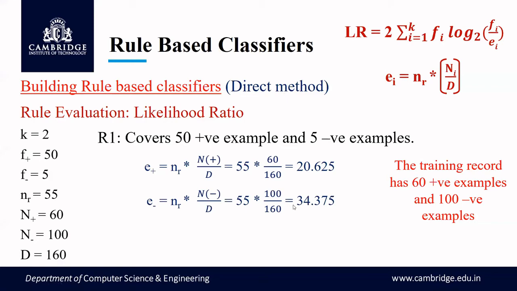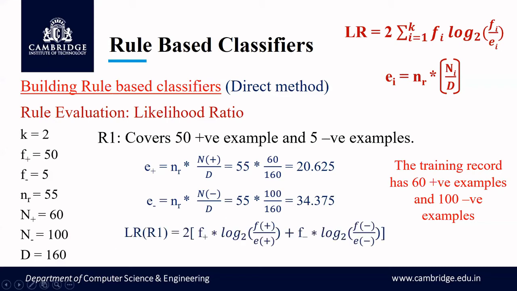The expanded formula for the likelihood ratio is LR of R1 equals twice the summation, i equals 1 to k. Here i equals 1 represents the positive class, whereas i equals 2 represents the negative class.